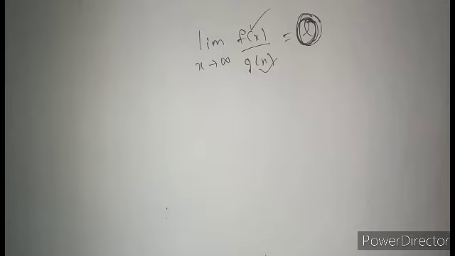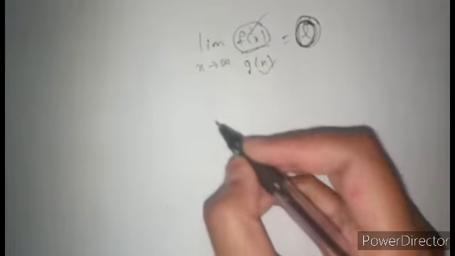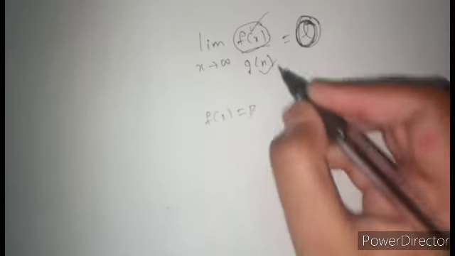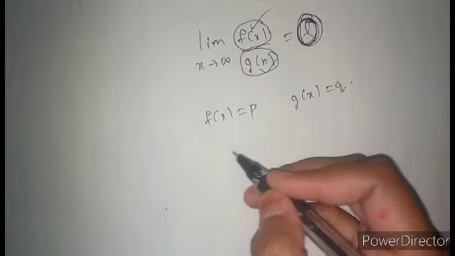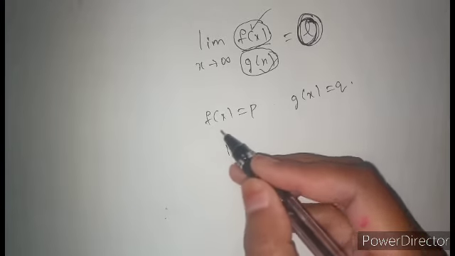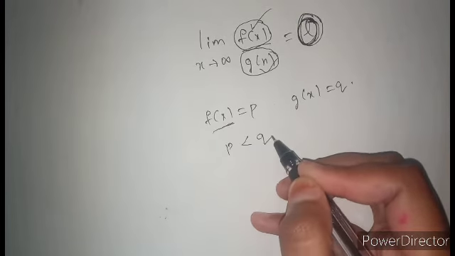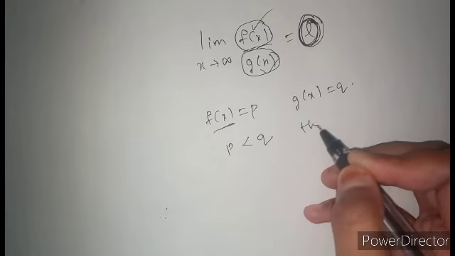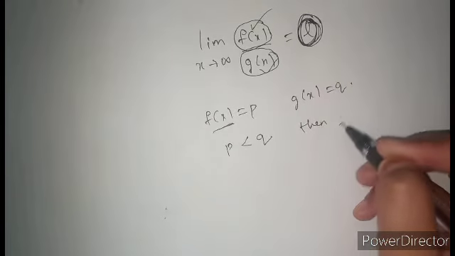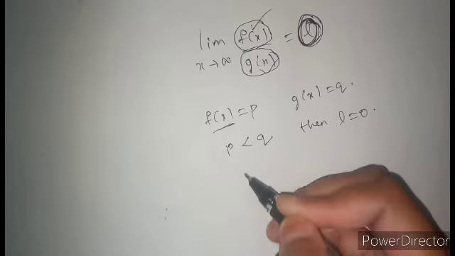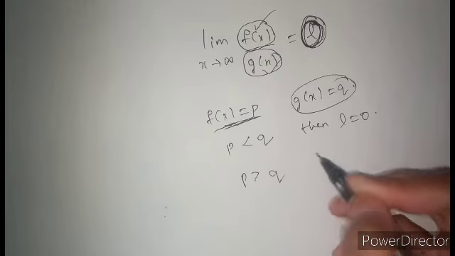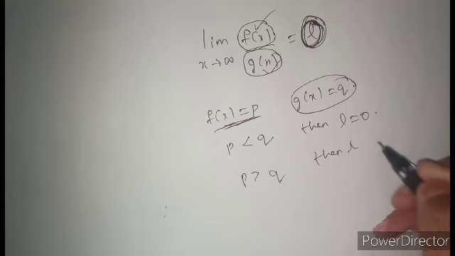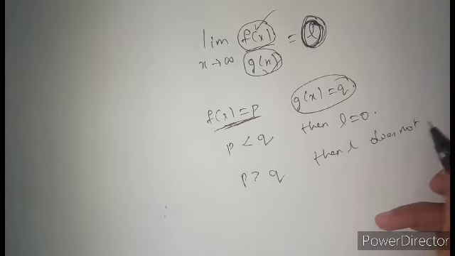So if the degree of this function is p, and degree of this function is q, if the degree of f of x is less than the degree of g of x, then the value of L is 0, okay? If the degree of f of x is greater than the degree of g of x, then the value of L doesn't exist, okay?